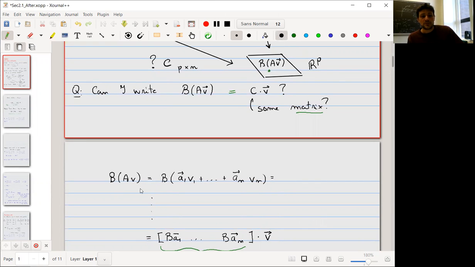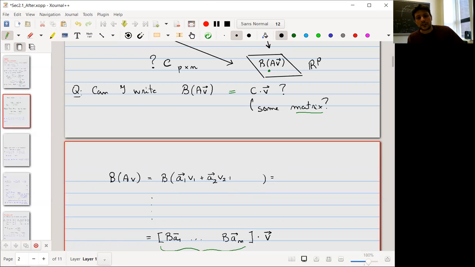By doing some computation, we can see that B times AV looks as follows. AV, as we said above, is what I get by taking columns of A and multiplying them by the entries of the vector V, all the way to An times Vn.